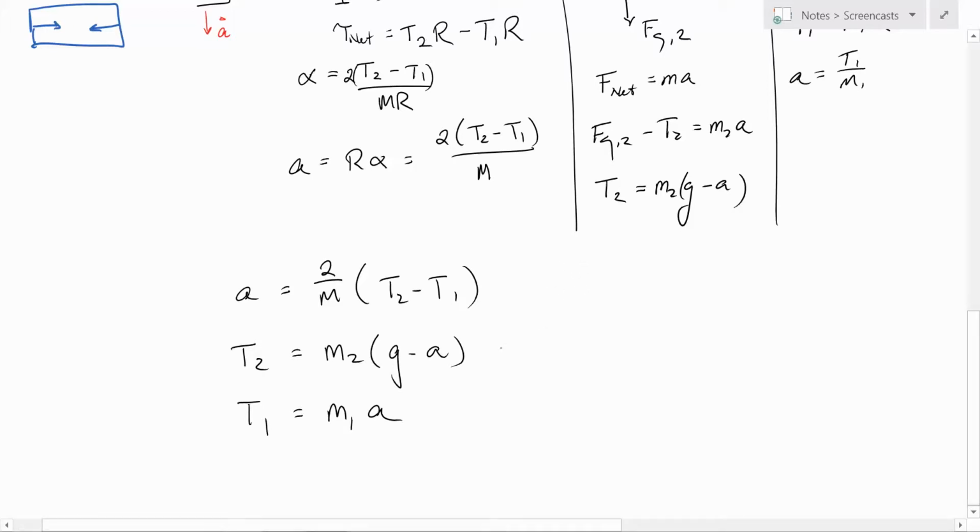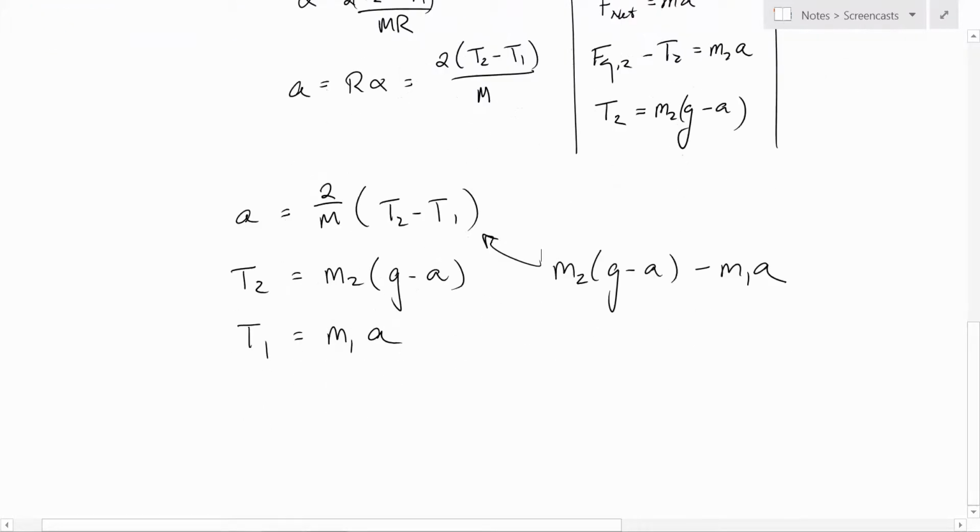Let's calculate T2 minus T1. So it's M2 (G minus A) minus M1A. We'll plug that on into here. So A is equal to 2 over M. Oh, need a lot more brackets than this. M2 (G minus A) minus M1A.